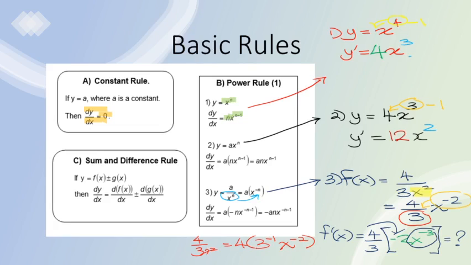And last one, if you have it in the form of a fraction, you can first make sure x to the power n is on top, because for a fraction we cannot differentiate the bottom part using the power rule. If you want to differentiate the bottom, that is the next rules.